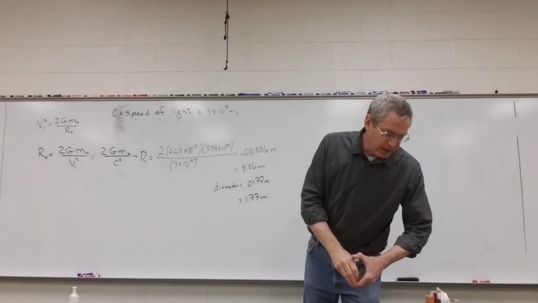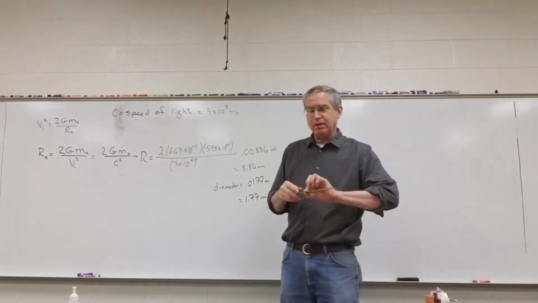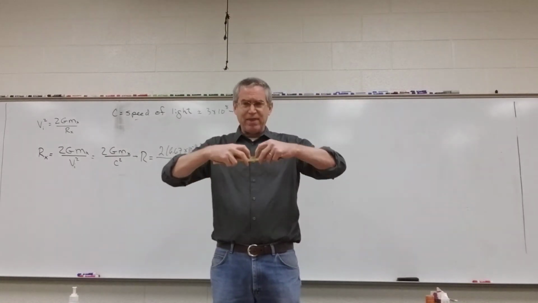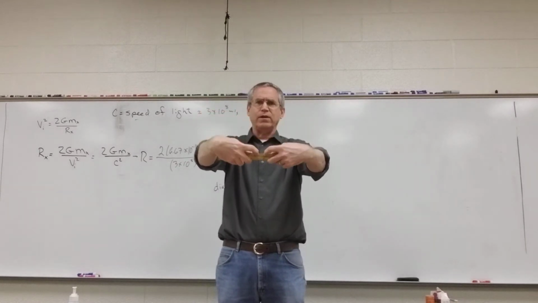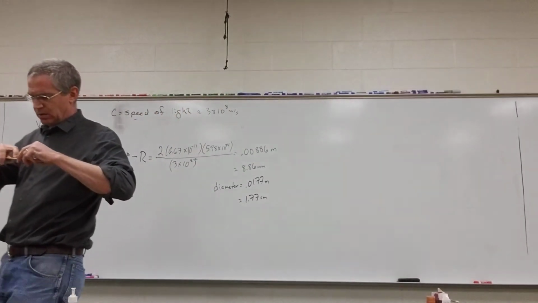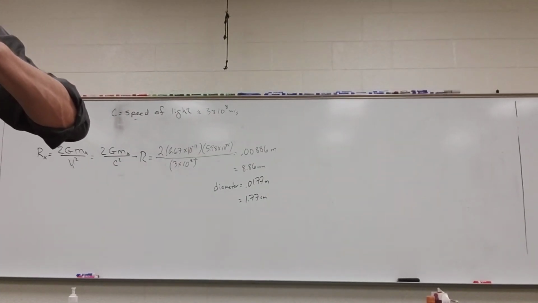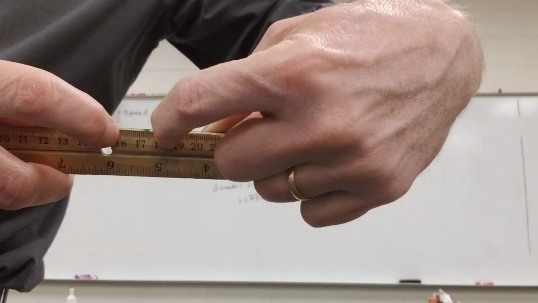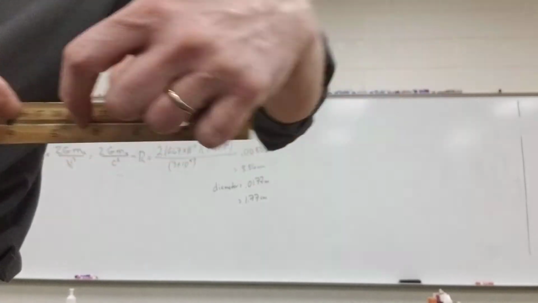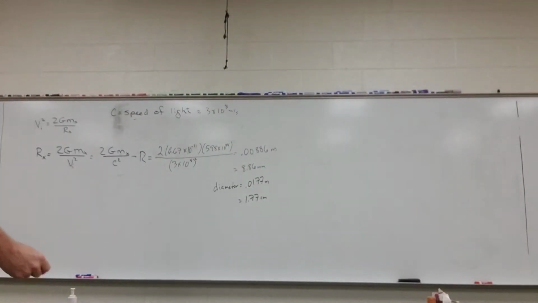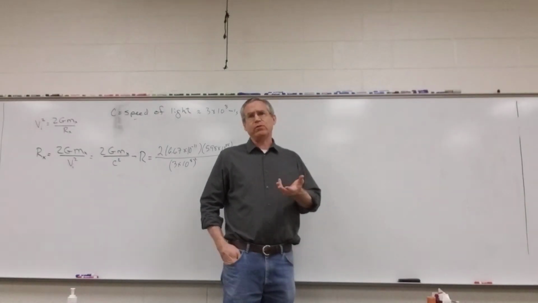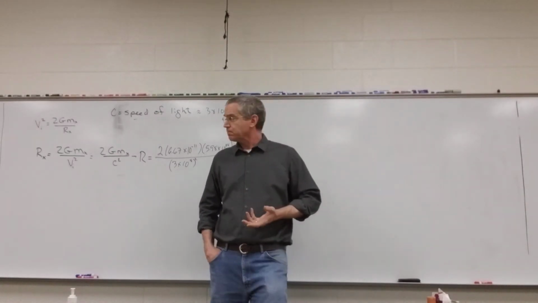So if the Earth could somehow magically keep its entire mass but shrink down to about the distance between my two fingernails right there, then it would become a black hole. In other words, in order to escape it, something would have to travel at the speed of light.